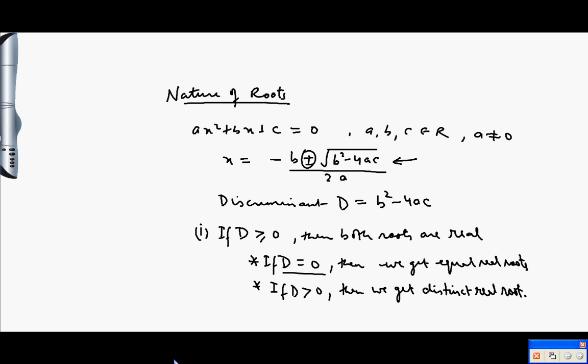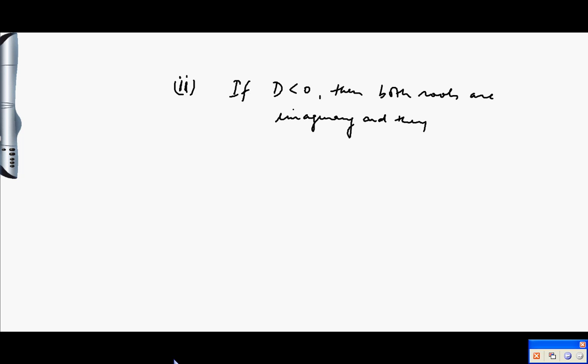Okay. Now, the second criteria would be based upon a negative discriminant. In the second case, if D is less than 0, then both roots are imaginary and they occur in conjugate pair.